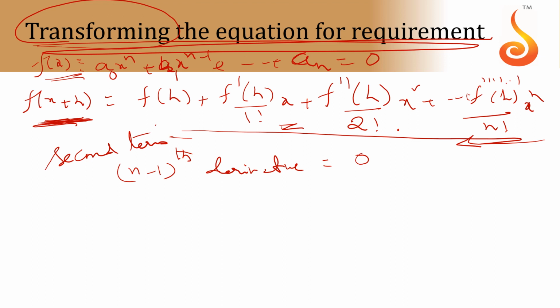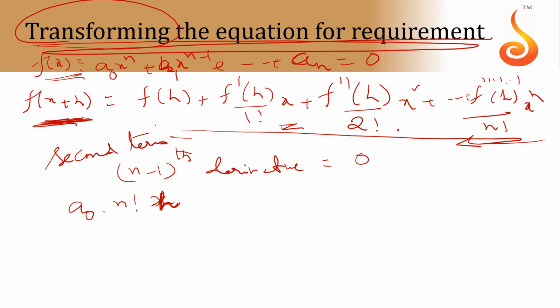So can I tell that the n minus 1th derivative of a0 x power n will be a0 into n factorial into x, but I want it at h, no? So I am substituting at h.